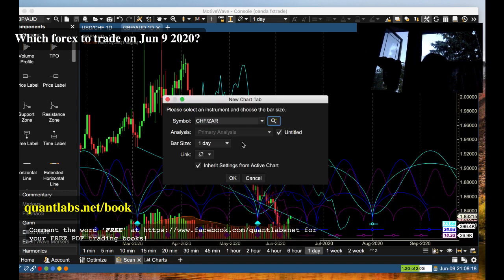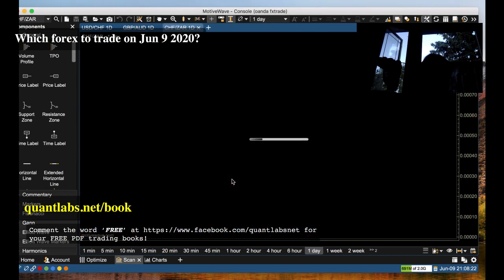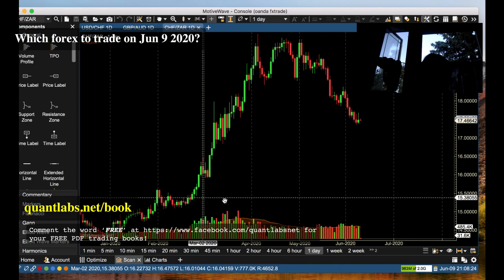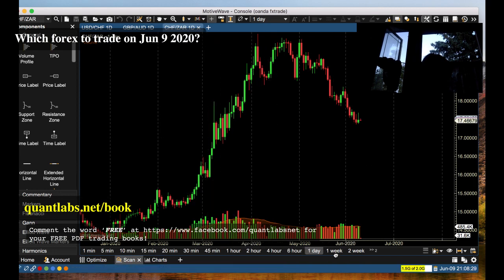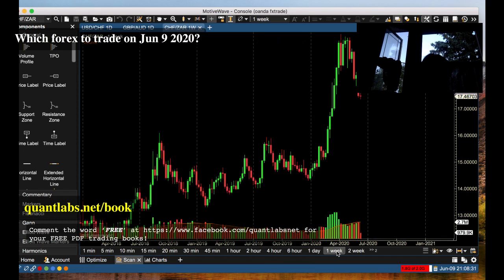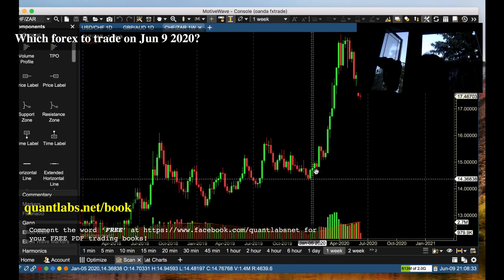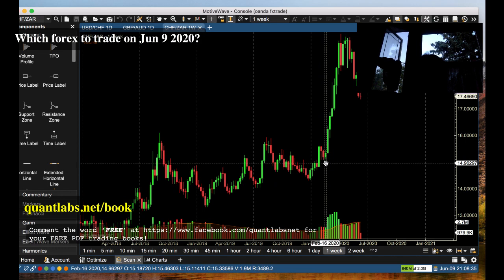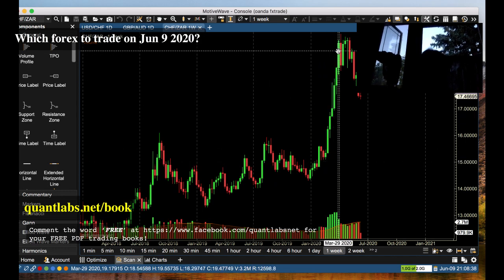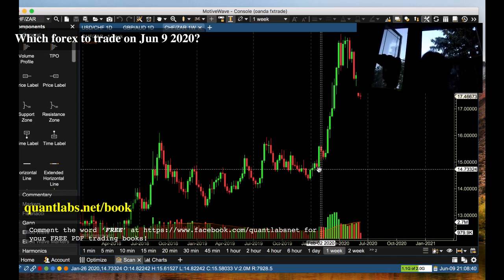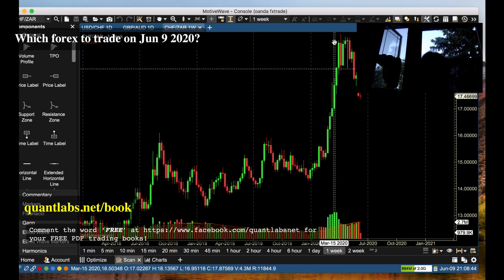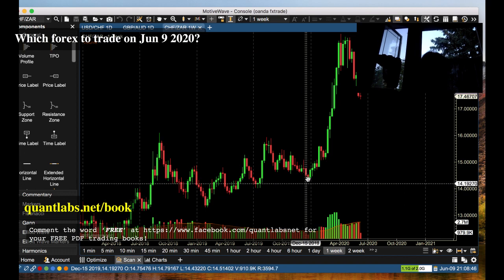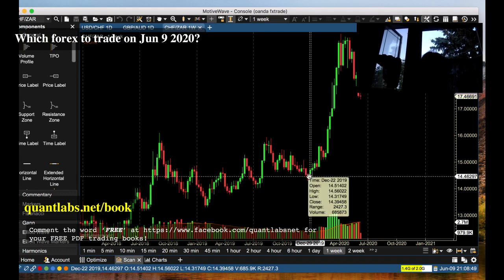This one's what we want. Okay, so here we are in a decline. Weekly had a nice run up here. So this might be another one of those trades where, as the market goes off, this could be one of those trades where it correlates indirectly with the U.S. market's performance.